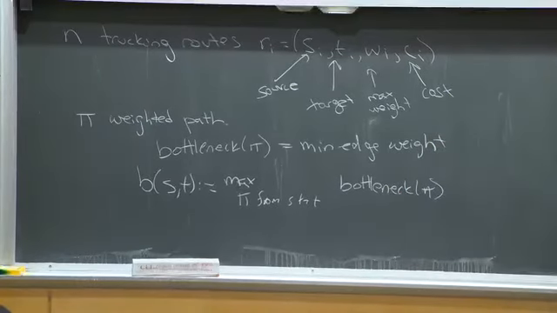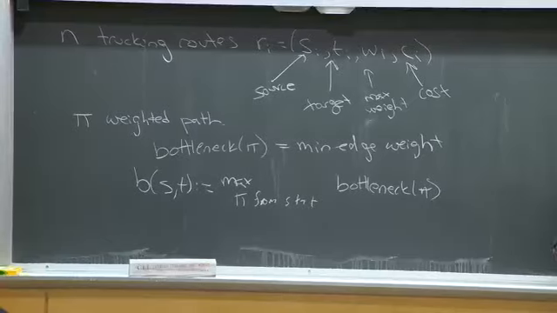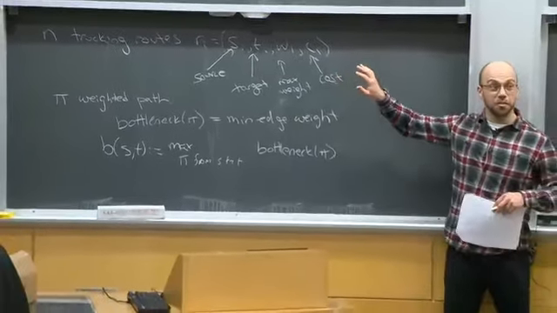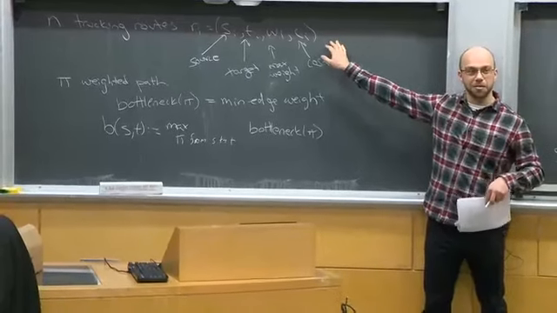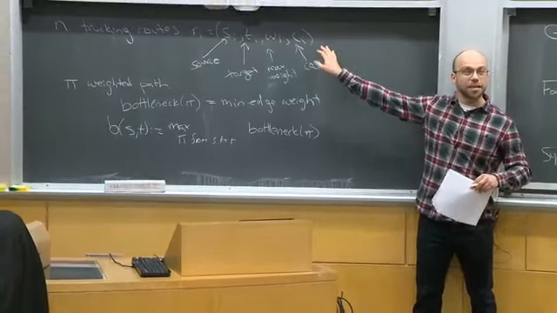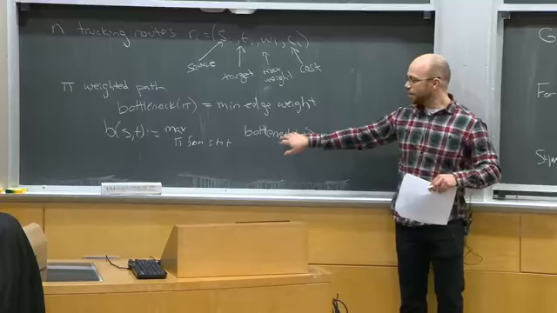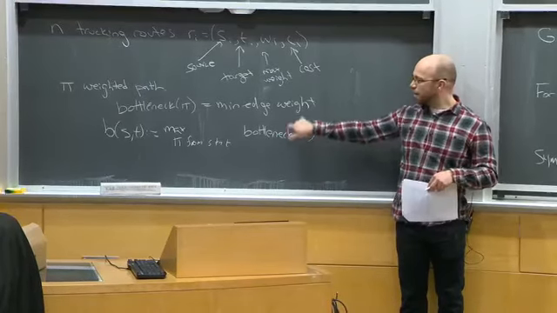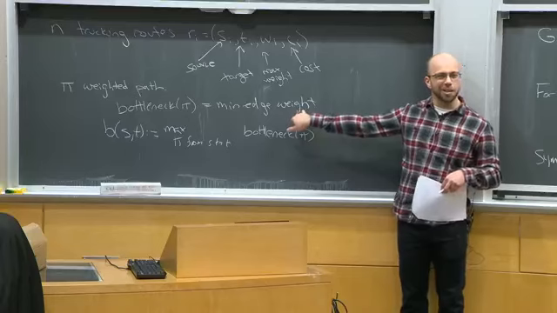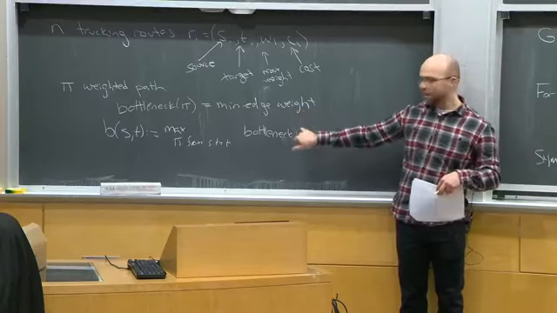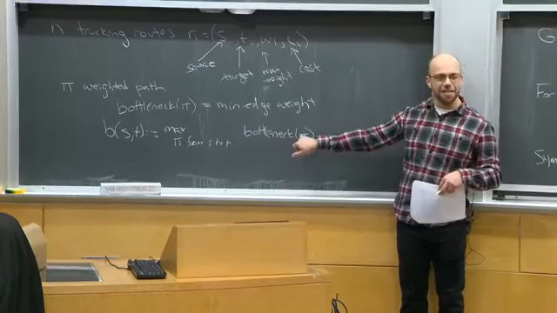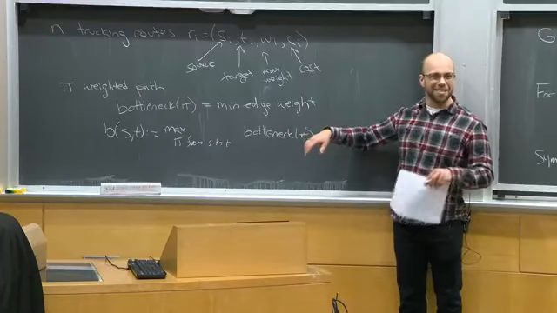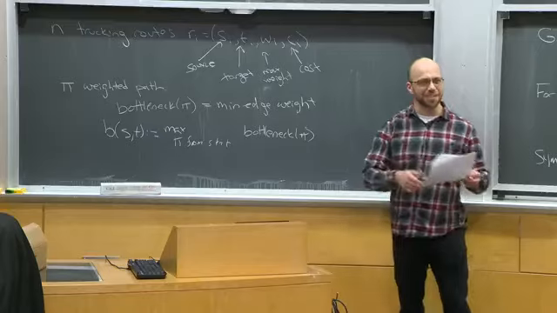To sanity check this quantity, essentially what it's saying is at the end of the day, I have this big network of trucking routes. I just want to go from one city to another, and I don't care which series of trucks I use. I just want to maximize the weight that I could ship, right? So I'm going to look at all the different paths that I could take. Each path is band limited by the one truck that has the lightest weight that I can carry. And I'm going to find the path that has the best bottleneck as measured by this quantity.